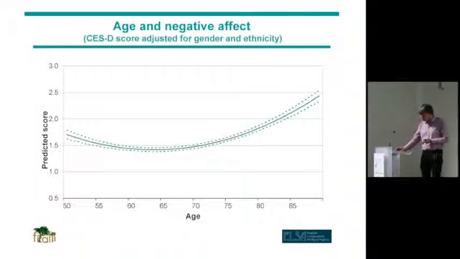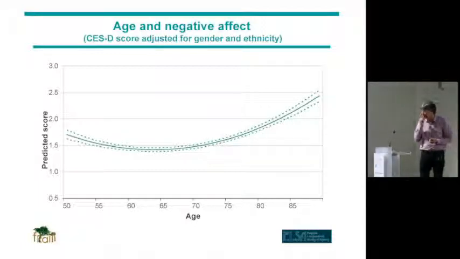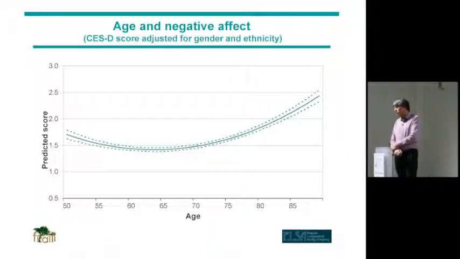But first I'll start with a descriptive. I'm sorry, the graph has shrunk, but hopefully you can still see it reasonably clearly. You have this U-shaped relationship of negative affect with age. And this has been well documented now by a number of studies, that well-being has this U-shaped or inverted U-shaped relationship with age.